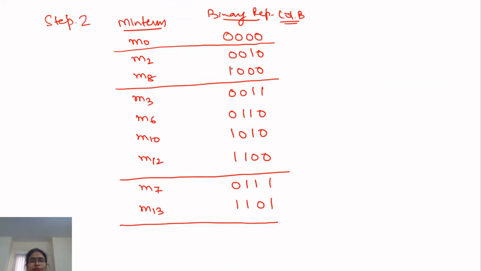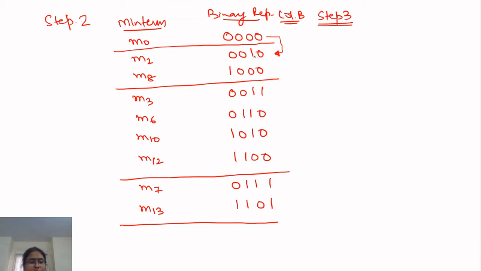Step number 2, right? Now from this step number 2 we will move on to step number 3. Now we have to make the groups which differ by only 1 bit. See, M0 and M2. They differ by only one bit. How?